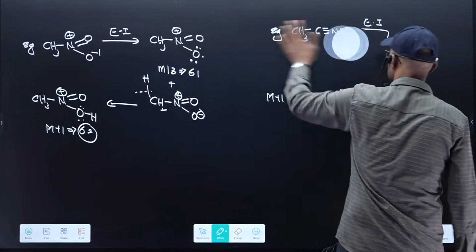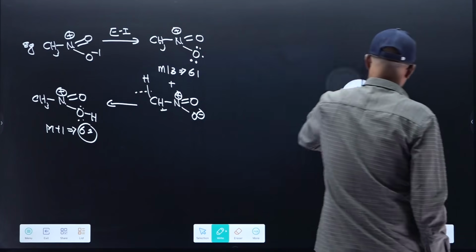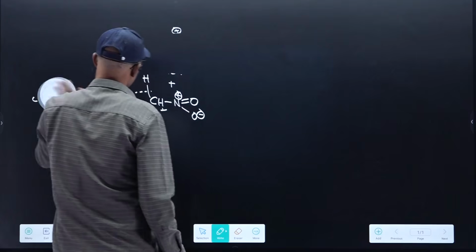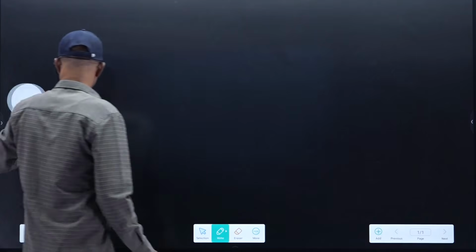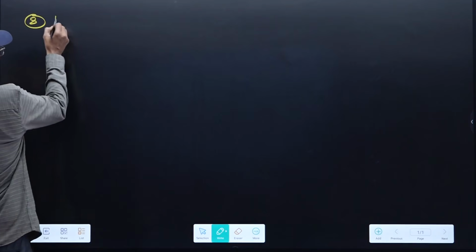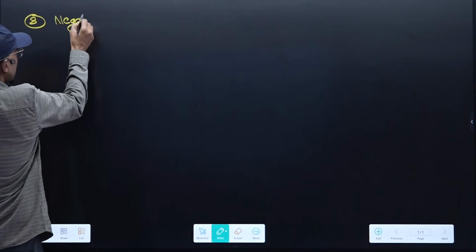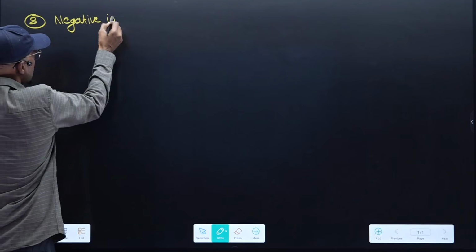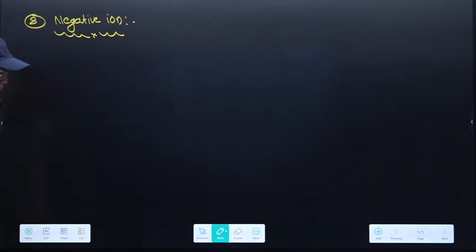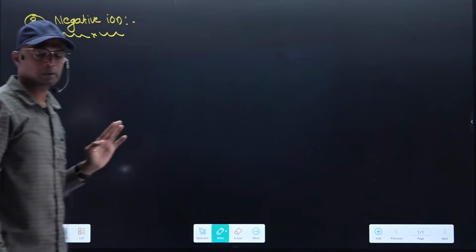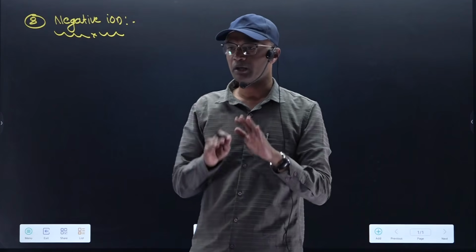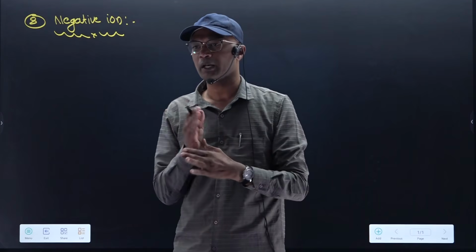So that is about all possible types of ions up to the molecule-ion interaction. So only two more ions are there. One is the negative ion, and one more is the metastable ion. The negative ion is not so important, we can ignore it with one statement. During electron impact some ions can also form negative ions, but mass spectrometry is designed in such a way that negative ions cannot be identified.